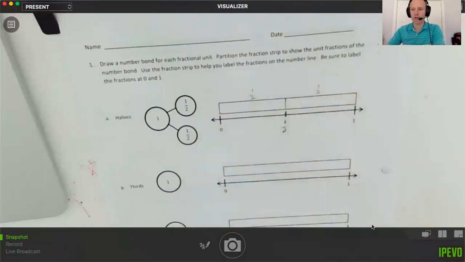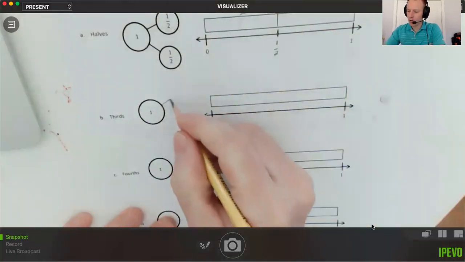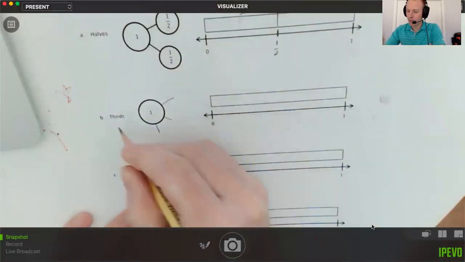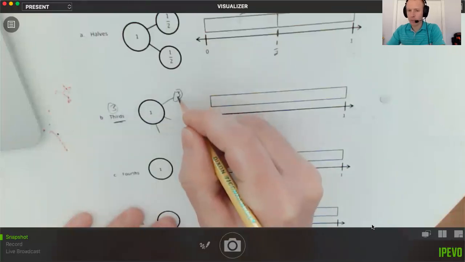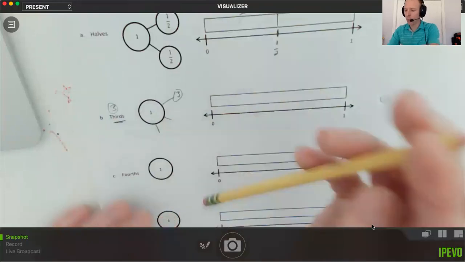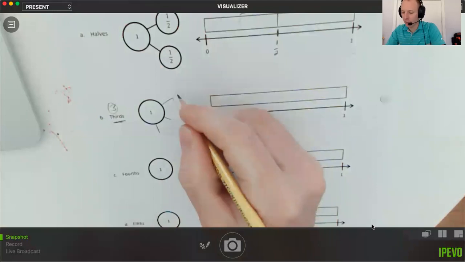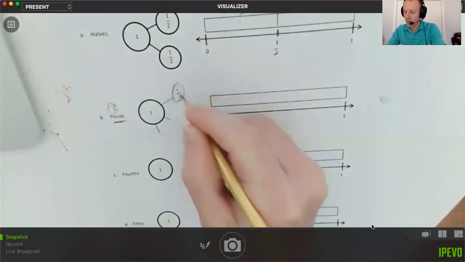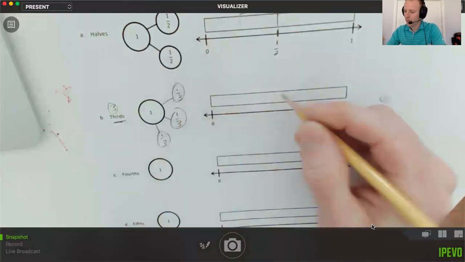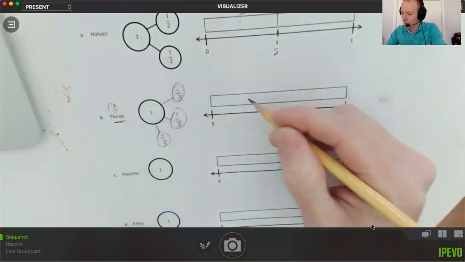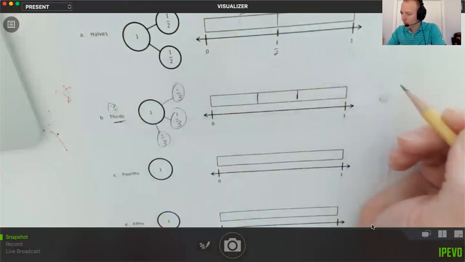So let's do that with thirds. Let's do that with our next example. So first of all, we know in thirds there are going to be 3 arms coming off of our number bond here. Oh, whoops, I put a 3, not a third. That's what happens when you try to talk and do math at the same time. Right, and so then I'm going to take my rectangle up here and I'm going to say, we'll divide it there.